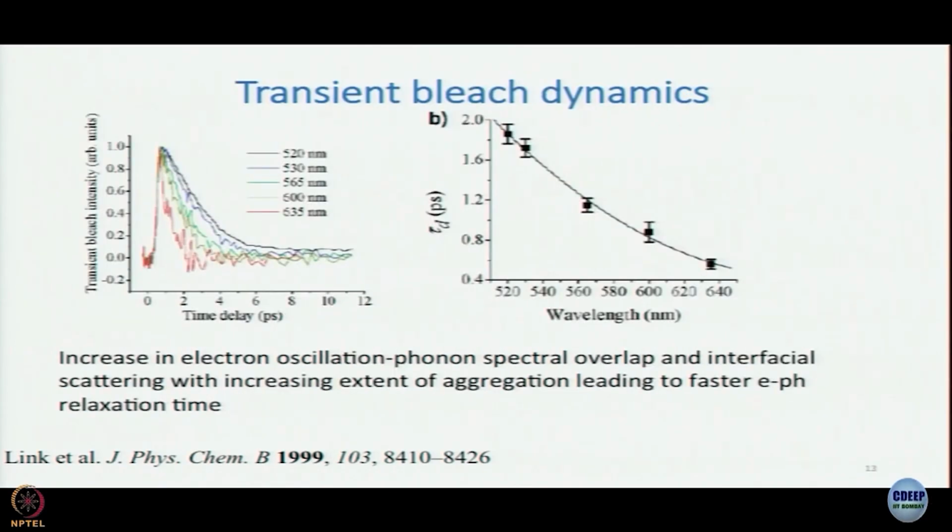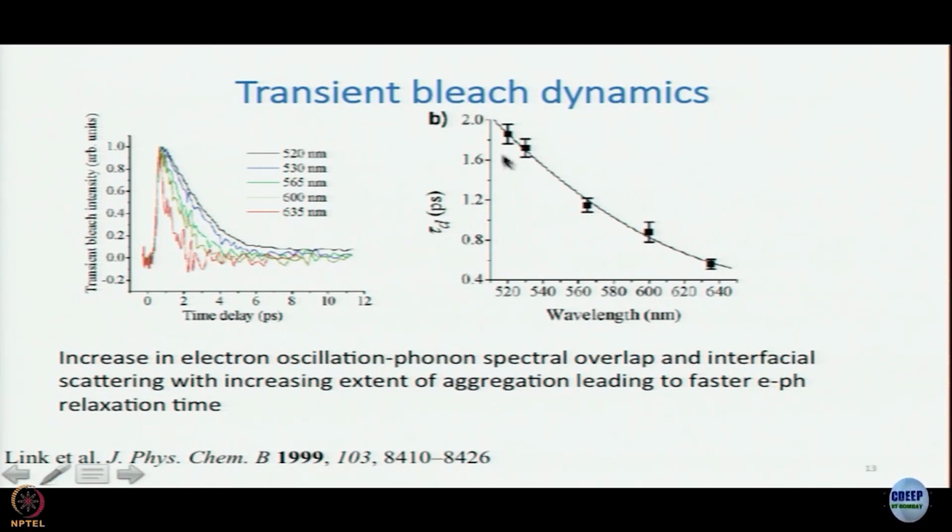And what they had done is that they had found out the time constant for electron phonon coupling across the spectrum. You can see that these decays are all very different. The other thing that you can see is that the decays are not good looking. So, data quality here is nothing compared to the data quality that we discussed in the last couple of cases.